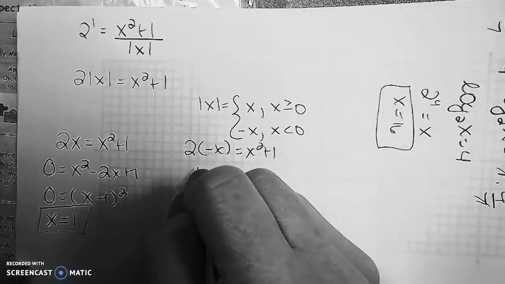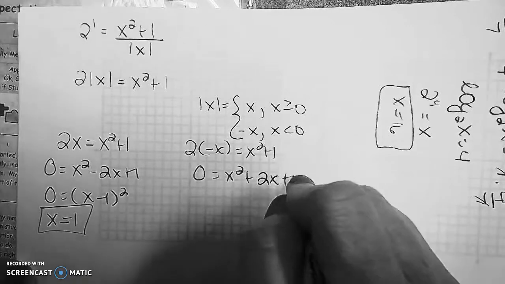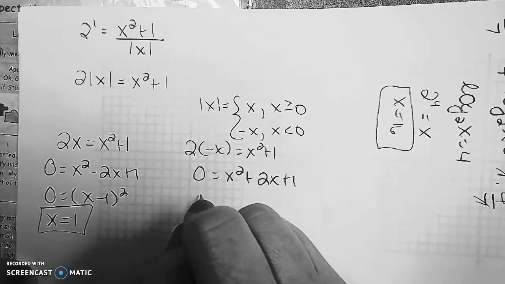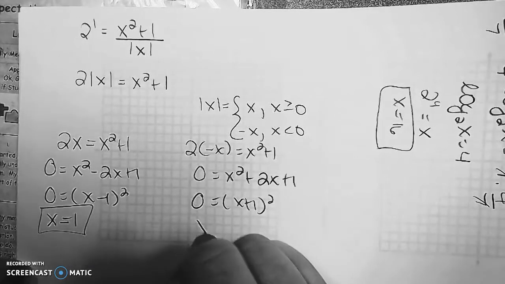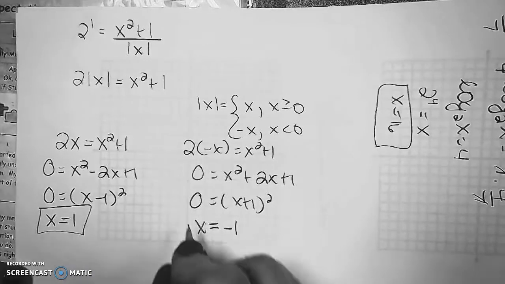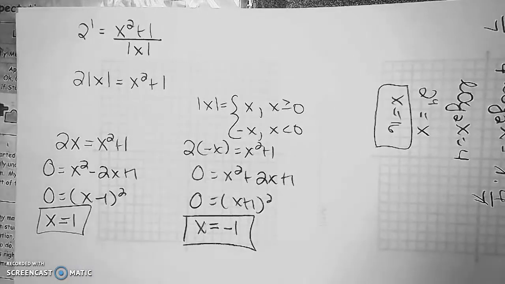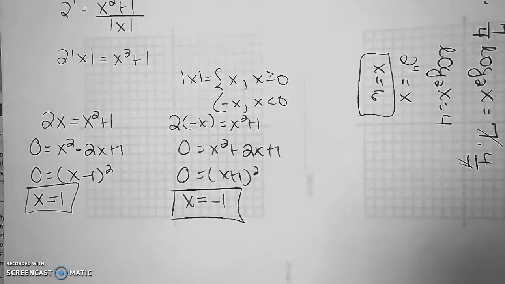Okay, let's go with the other. So I'm going to set this equal to 0. I get x squared plus 2x plus 1. So x equals negative 1. And actually, both of those are a solution. So I actually see a mistake on my answer key. The solution should be 1 and negative 1 there.